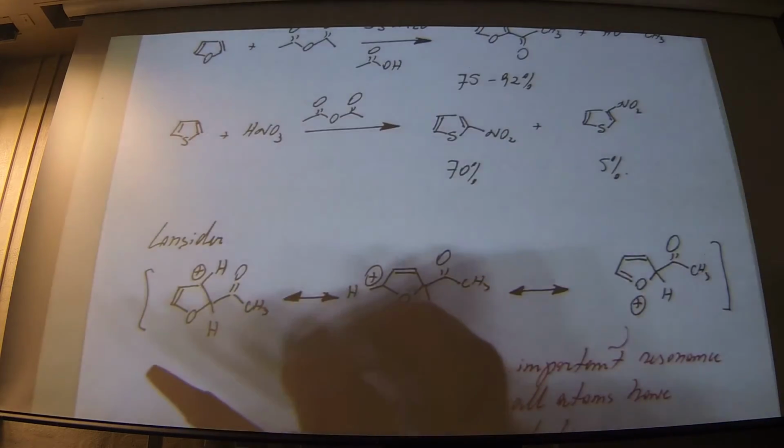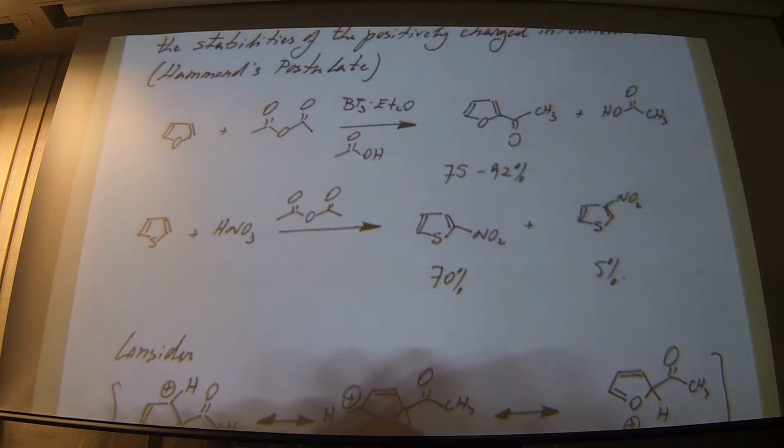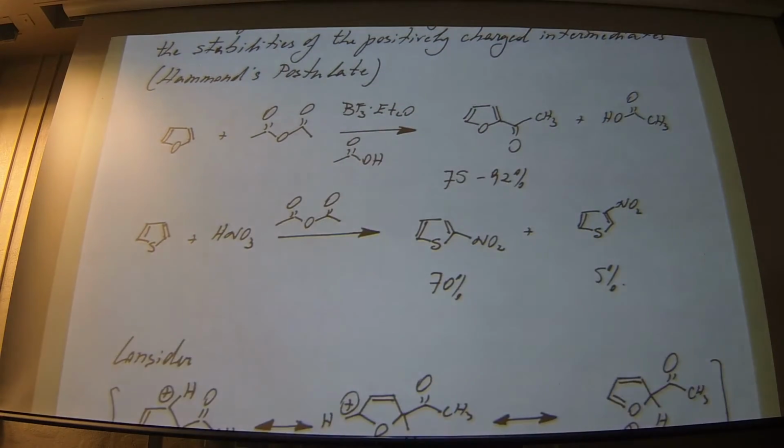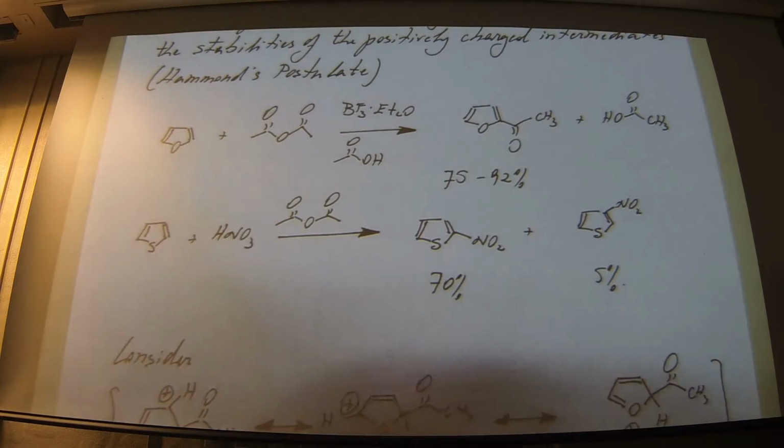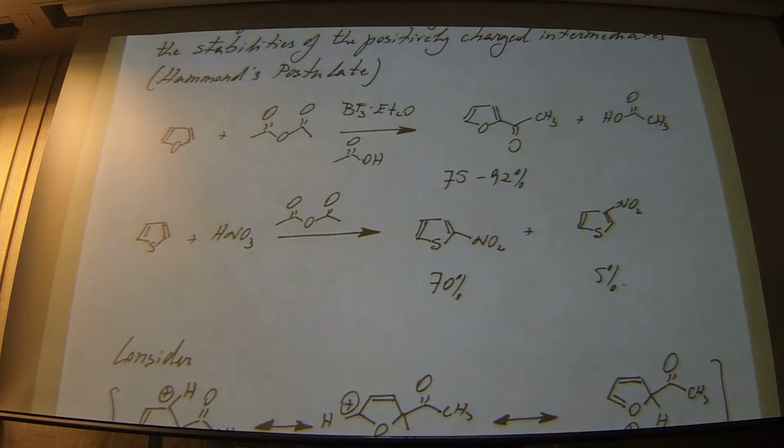Now, the reactions of the aromatic heterocycles in some way mirror the reactions that we saw for benzene, sort of our archetypical aromatic compound. And so you end up getting the familiar Friedel-Crafts reactions, but these are much more reactive species than benzene, and so the requirements for catalysis are more modest.